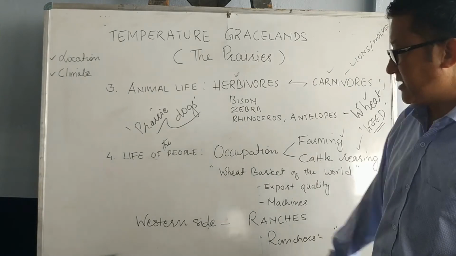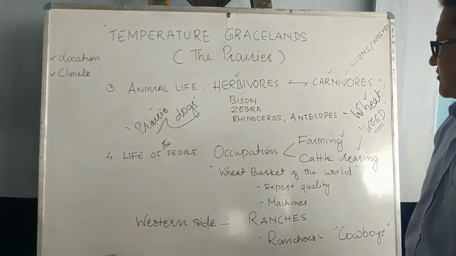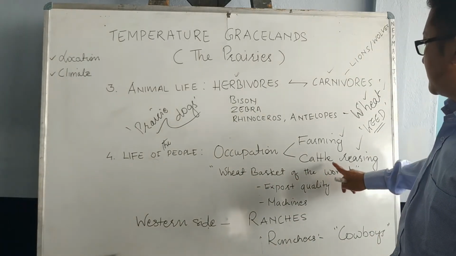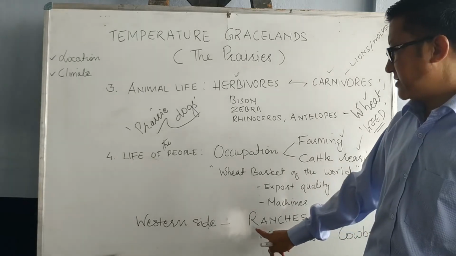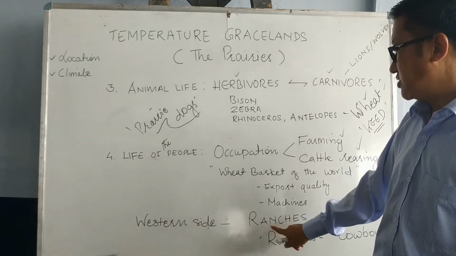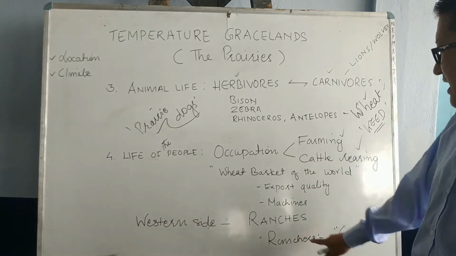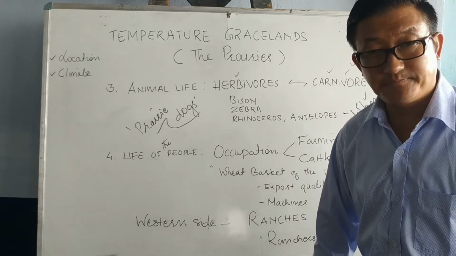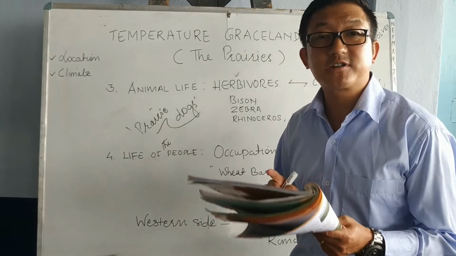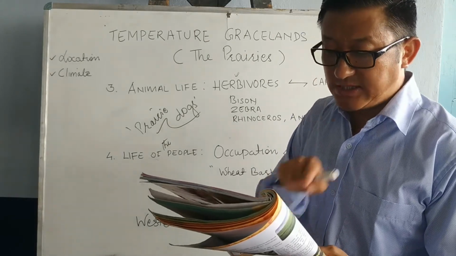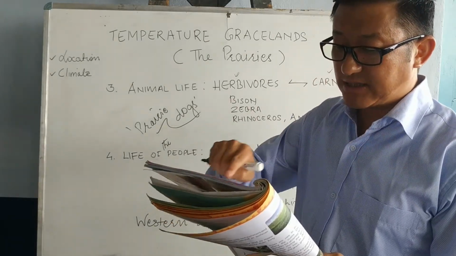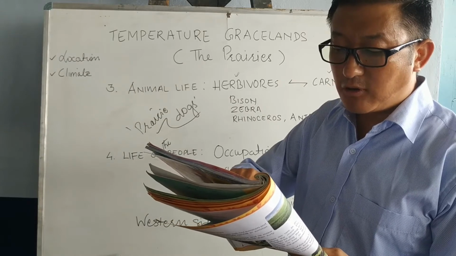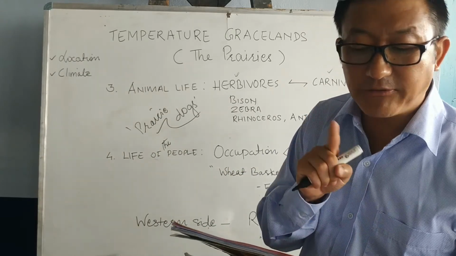Okay, we'll carry on. On the western side, you have cattle rearing, and I introduce you to the word ranches. What are these? Take page number 45 and read the first, second, third paragraph, 5th line. I will read for you.